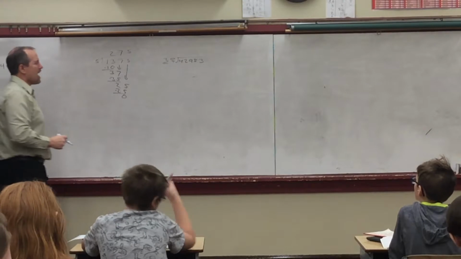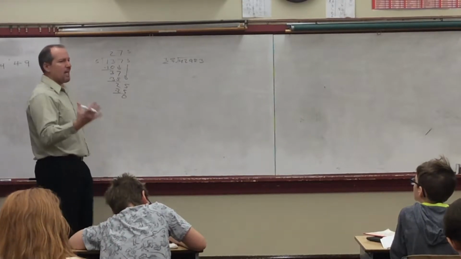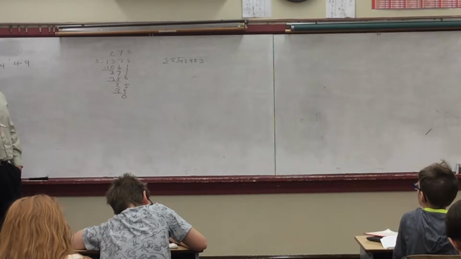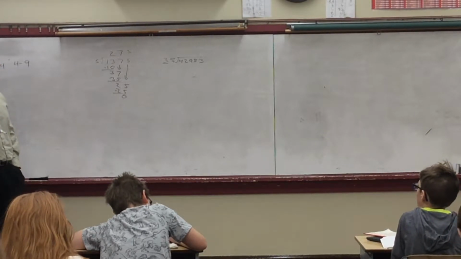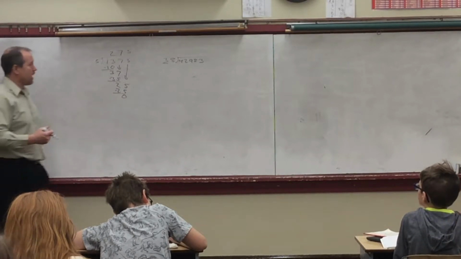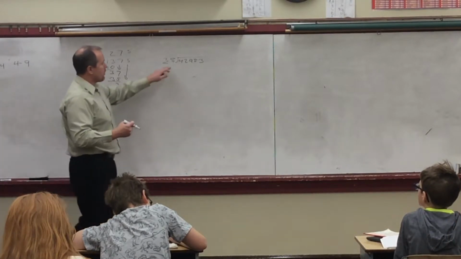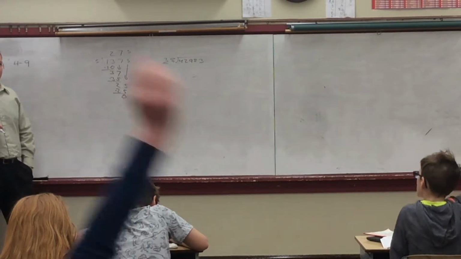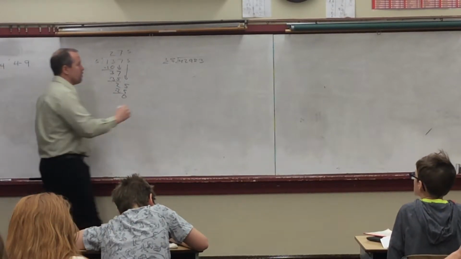Autumn? 4. How many 3's go into 4? 1 time. We know our 1 times table, so we check that 1 times 38 is 38. Can we use the 38? Yes. Okay? Now, because the 38 is smaller than the 42, where would that 1 go? Shayna? Above the 2.